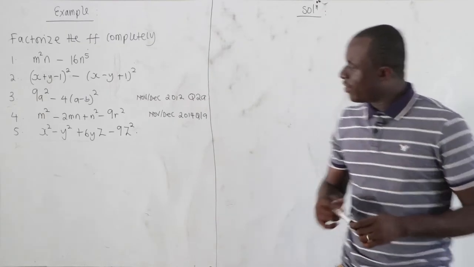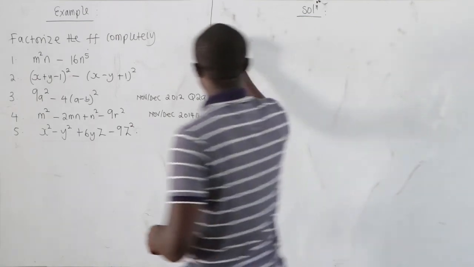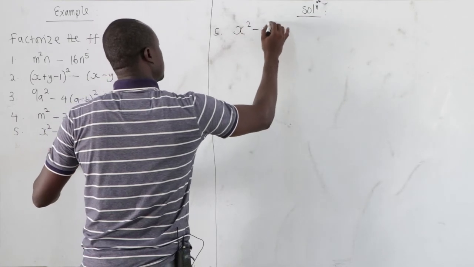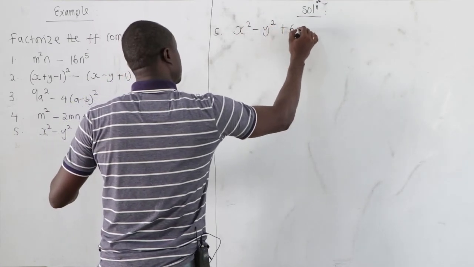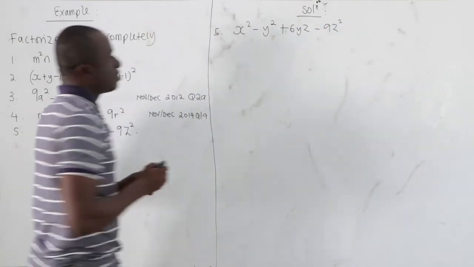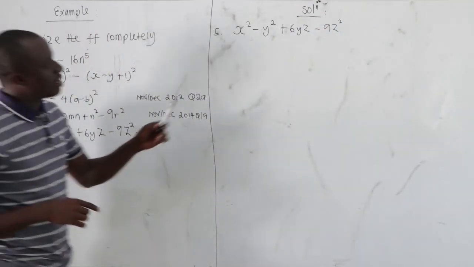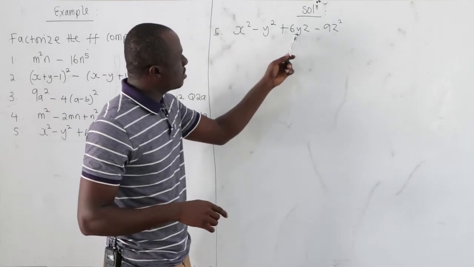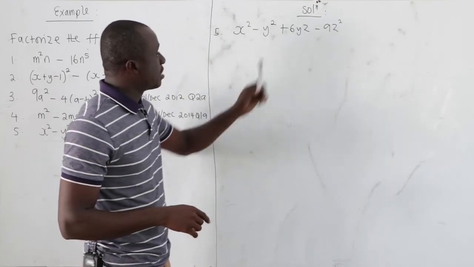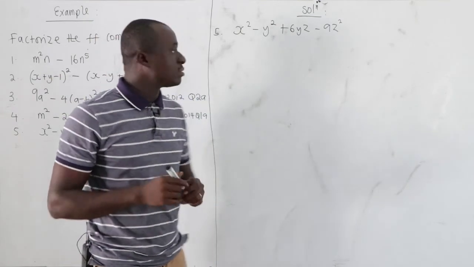Now let's consider the 5th question. So we have x squared minus y squared plus 6yz minus 9z squared. Now from here, clearly you have y squared, 6yz, 9z squared. So clearly this is quadratic expression in two variables.